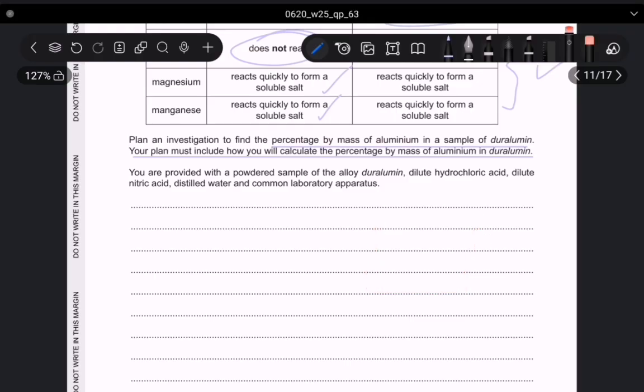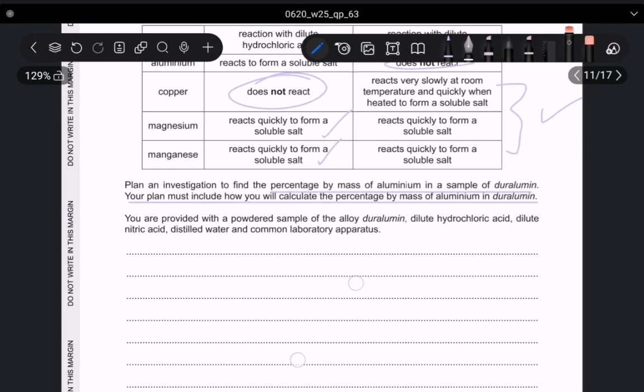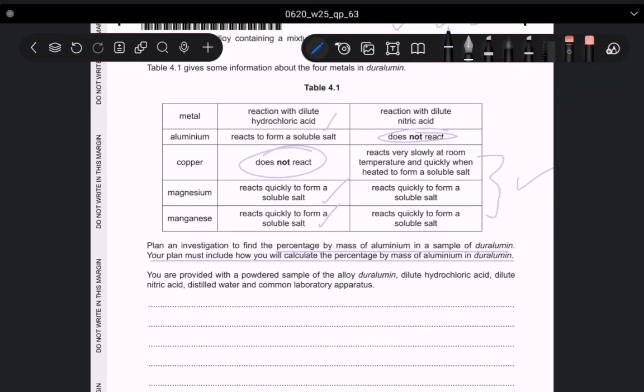So what you can do is add a known mass of the powder sample into dilute nitric acid and react them. When they react together, aluminium is just going to be left there since it does not react with nitric acid.